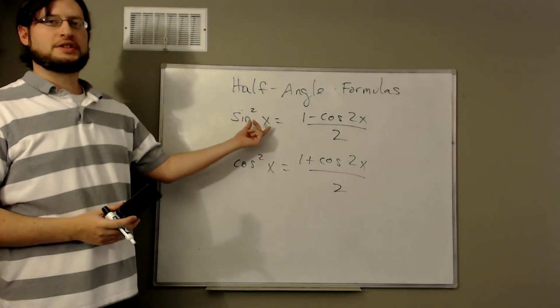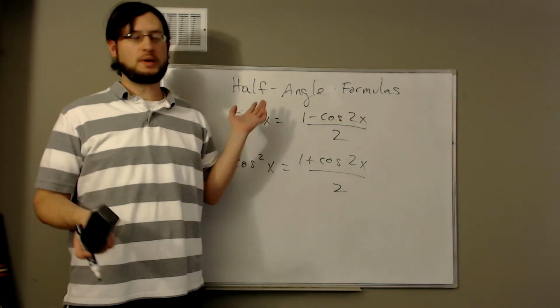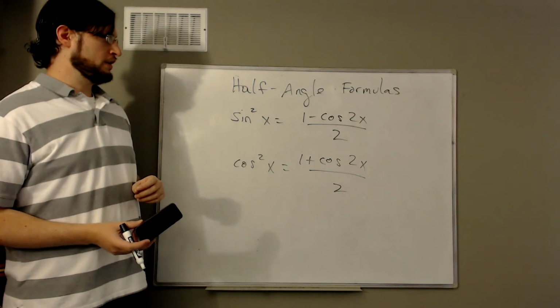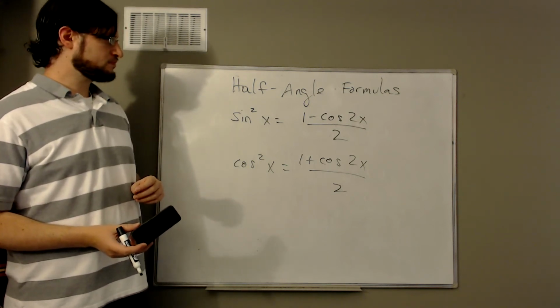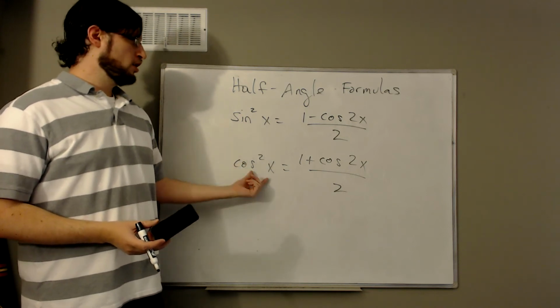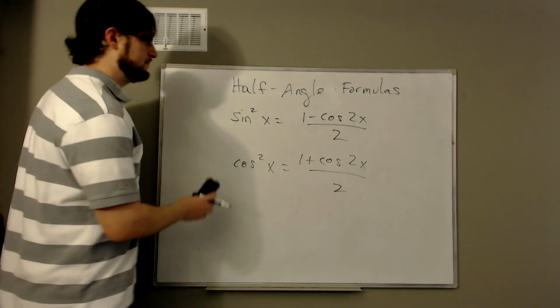They allow us to turn a sine squared into just a cosine, not cosine squared or anything. We've reduced the power, which is great. It really makes things a lot easier in a lot of situations. So we can change sine squared or cosine squared using this half-angle formula.